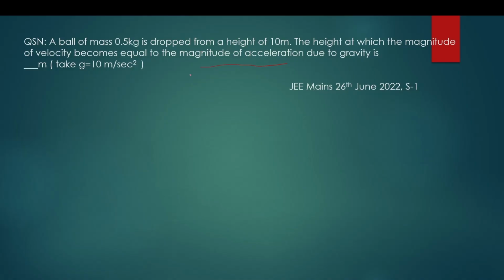The magnitude of acceleration is 10 meter per second square, but we have to take the magnitude, so the velocity will be 10 meter per second. So g equals v equals 10. This question came in JEE Mains 26 June 2022 shift 1. So let's begin the diagram. Suppose here the ball is dropping.